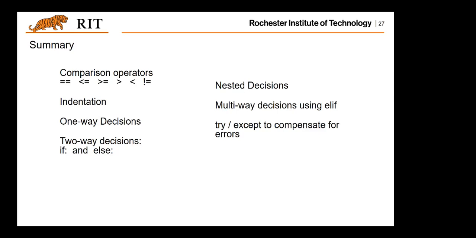So there are different conditional steps: one-way decision, two-way decision, nested decision, and multiple-way decision using the elif. And last, we tried the try and except methods to compensate for errors.